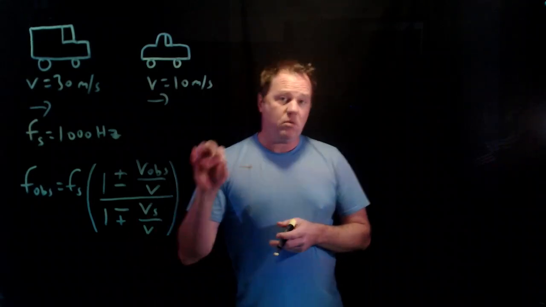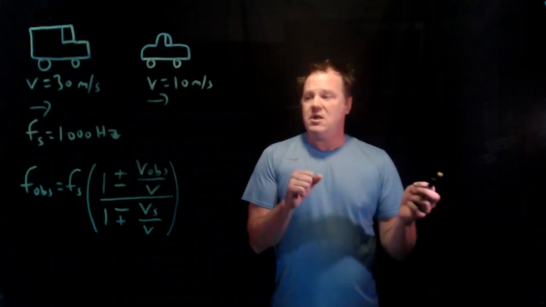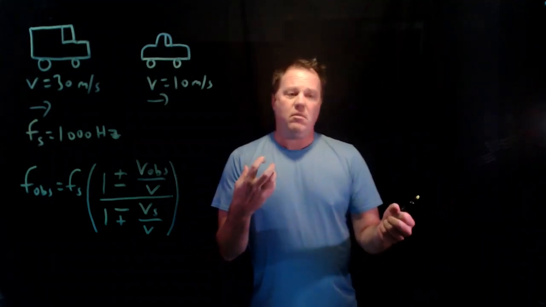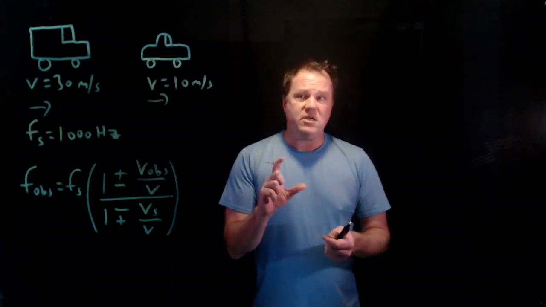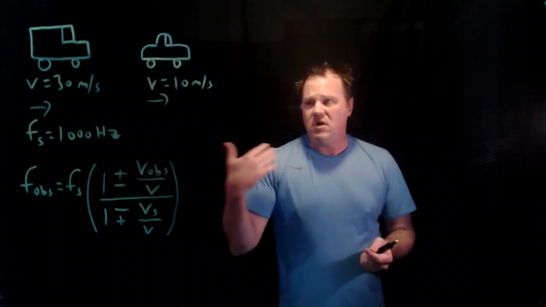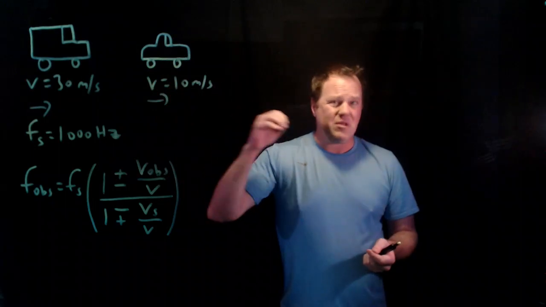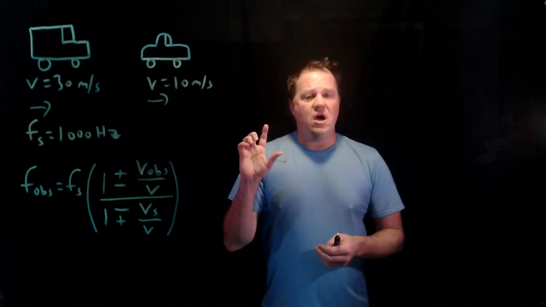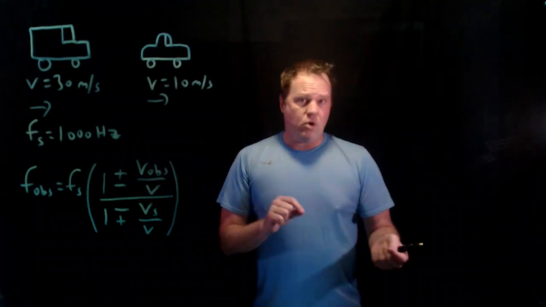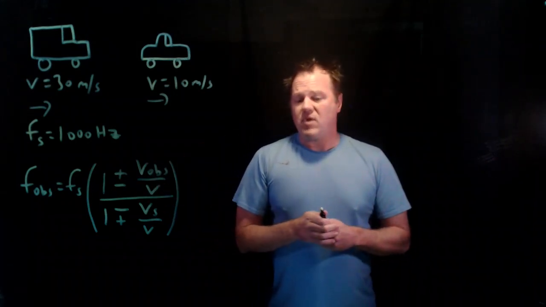Okay, so we're used to, with kinematics, forces and just about everything else, that the plus and minus come from the coordinate system. We're going to say the right is positive, and then both of these would be positive or something like that. But you have to throw out that thinking and think in terms of towards or away as opposed to a coordinate system.